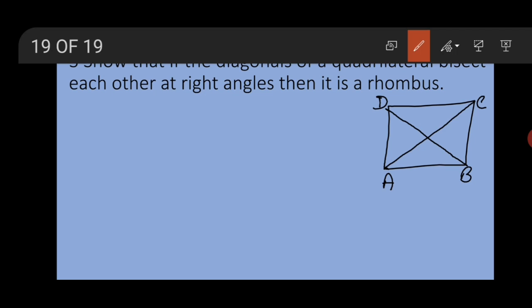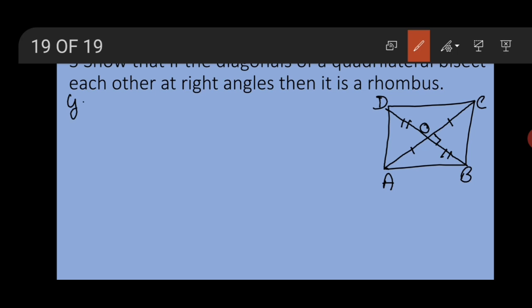Draw two diagonals AC and BD. Each angle measures 90 degrees here. Take the intersection as O. AO is equal to OC, and similarly OB is equal to OD. This is given. We have to prove ABCD is a rhombus.